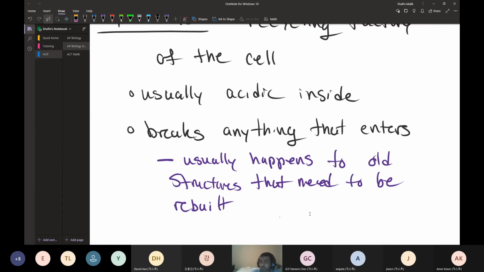That protein will go to the lysosome, and then it will be broken down into its components, either atoms or amino acids, which are the monomers, remember? Those monomers will then be available in the cell for other reactions so that proteins can continue to be built. So it's basically recycling usable components. Okay?